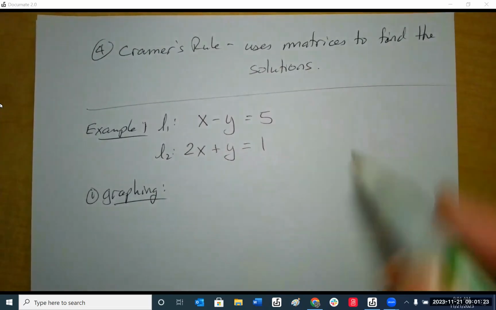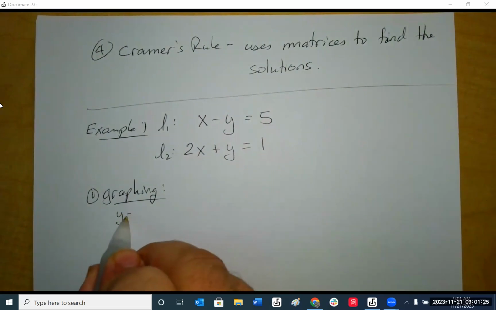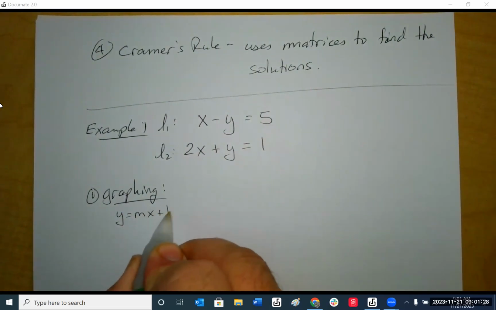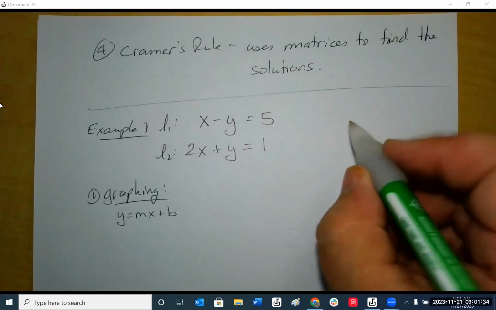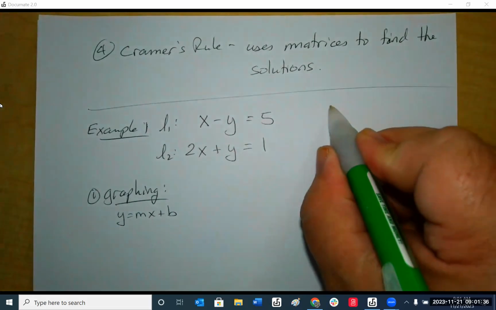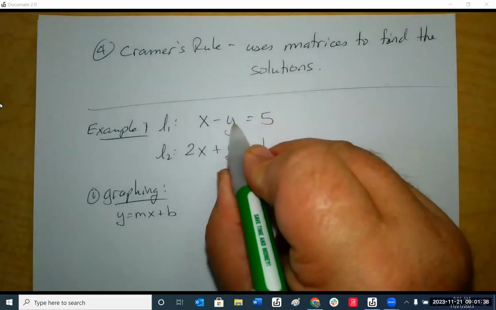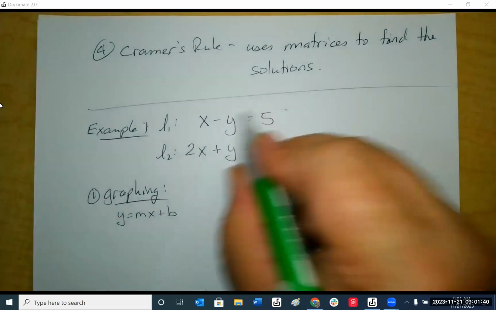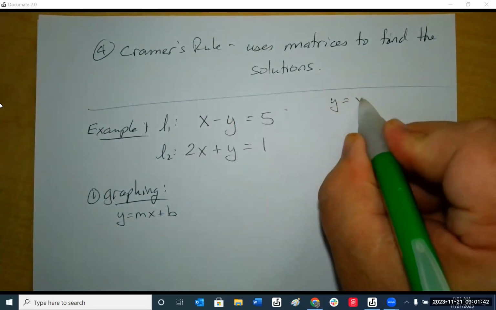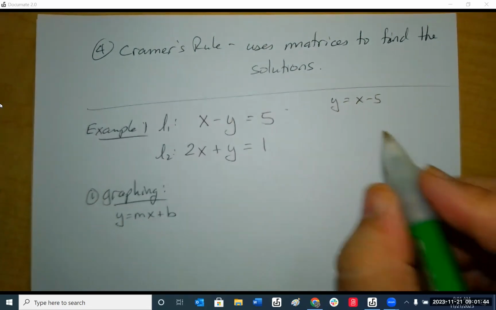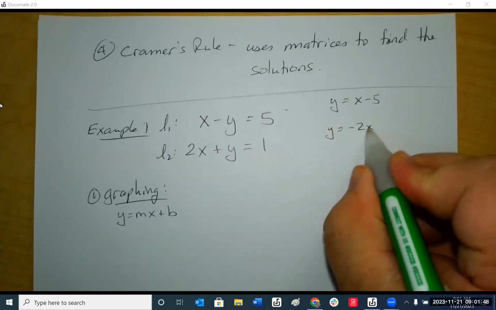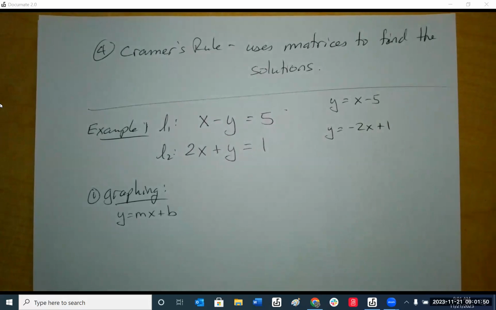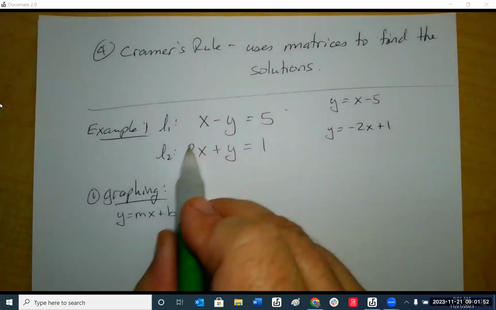Remember, to graph, we have to put them in y equals mx plus b. So this first one, I'll move the y over and then 5. So we have y equals x minus 5. And this one, I'll just move the 2x over, so it's y equals negative 2x plus 1.